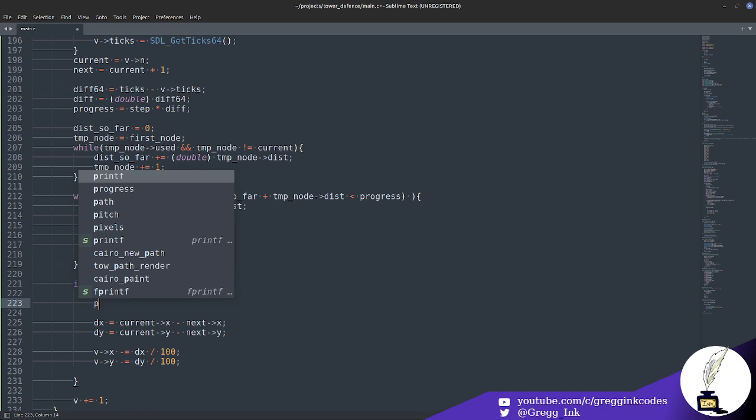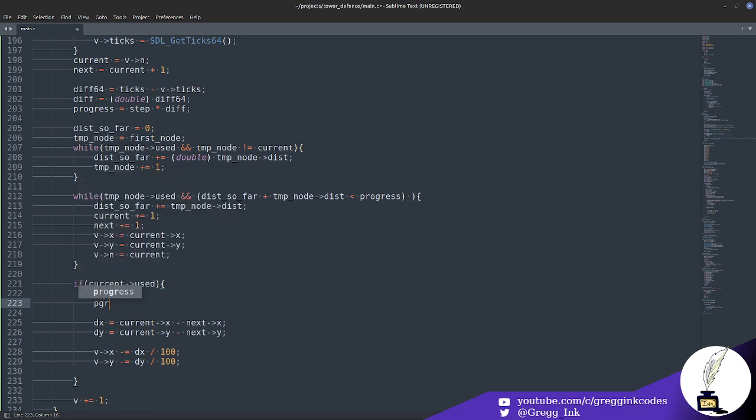So progress minus equals dist so far. So that is the distance now for the last stretch. That is how much distance.